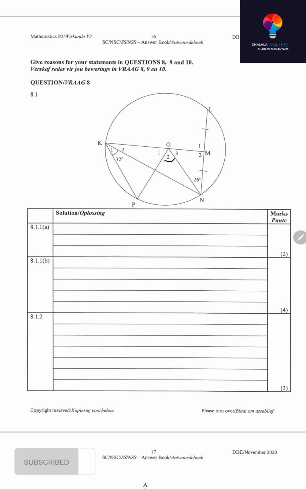What would be the size of O2? According to me, the size of angle O2 will be equal to 2 times K1.